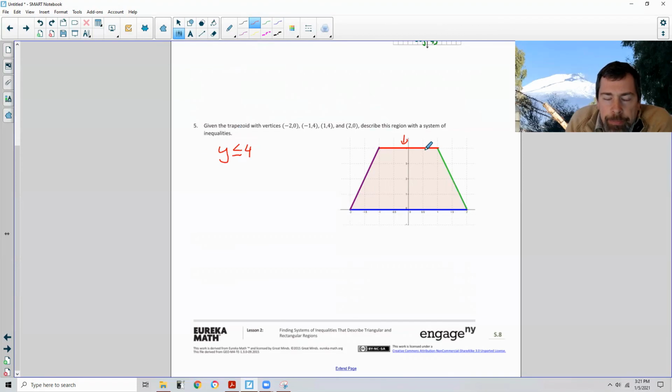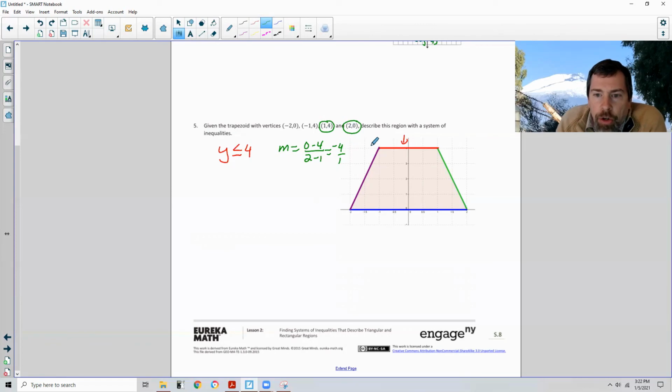That's the red line. The green line, we have to find slope. And we're given this point 1, 4, and we're given the point 2, 0. So my slope is going to be y2 minus y1 over x2 minus x1. So my slope is -4 over 1, or simply -4.